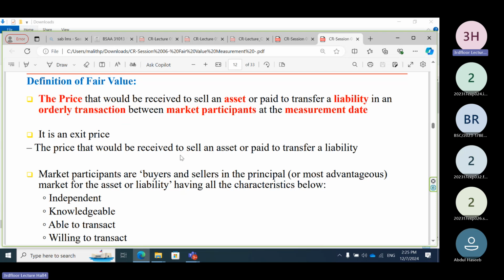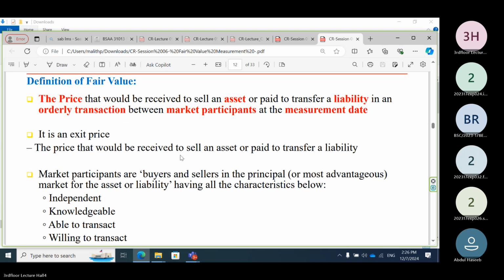It should be an exit price, not a kind of estimated price. As at that date, that should be there, right? And market participants mean buyer and seller.